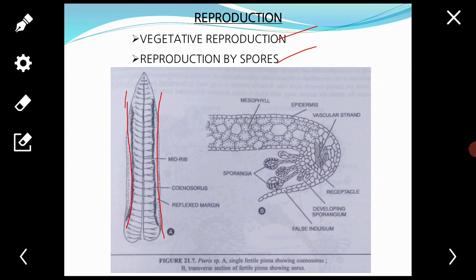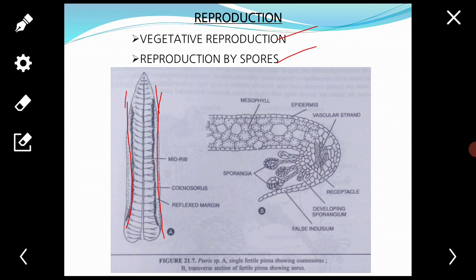They are not grouped together in small separate sori, but the sorus is continuous, in which many sori are closely placed together and lost their individual identity.